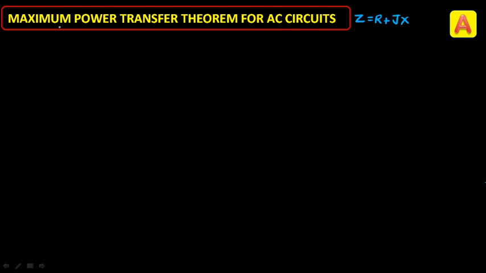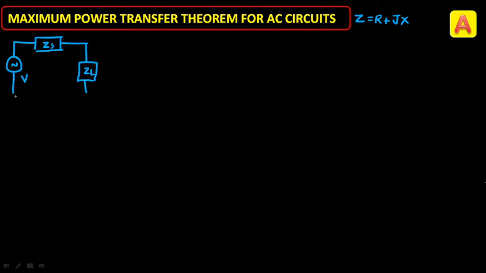To explain the maximum power transfer theorem, I am using a simple circuit. See here, a voltage source V, an impedance ZS, and a load impedance ZL.